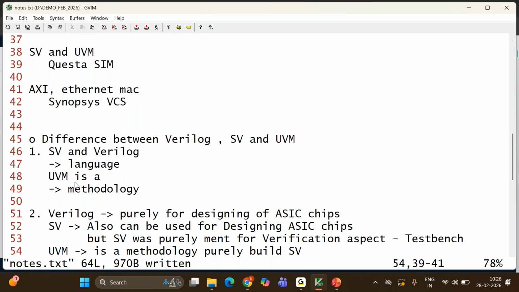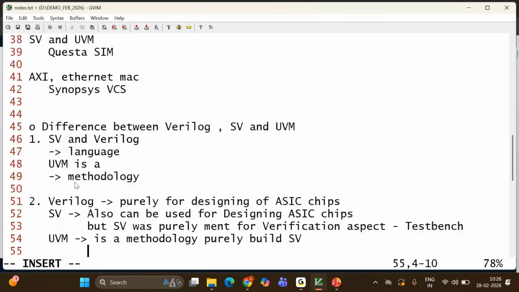It will be very easy. Is it clear? So, but UVM was purely developed for test bench, for implementing test bench.